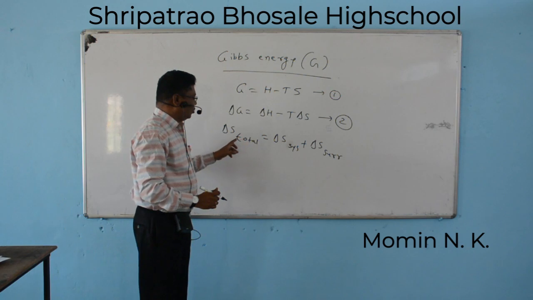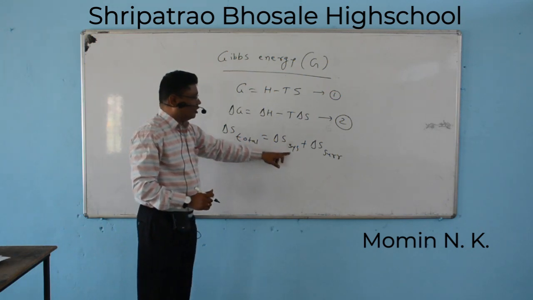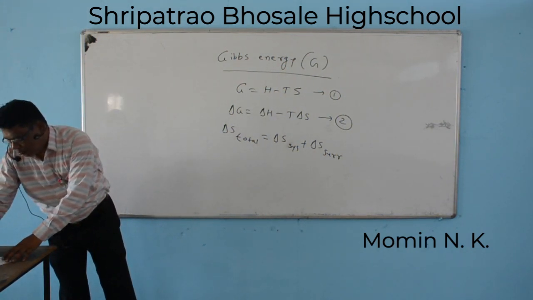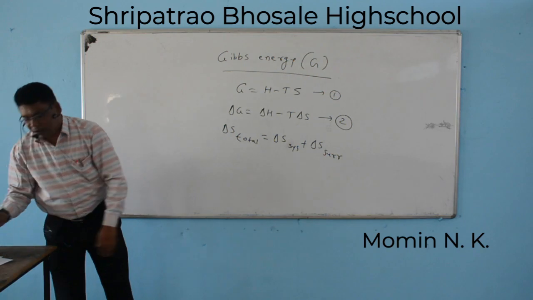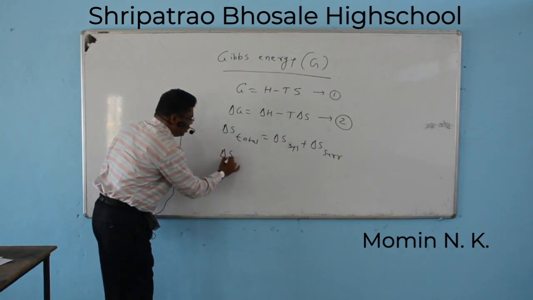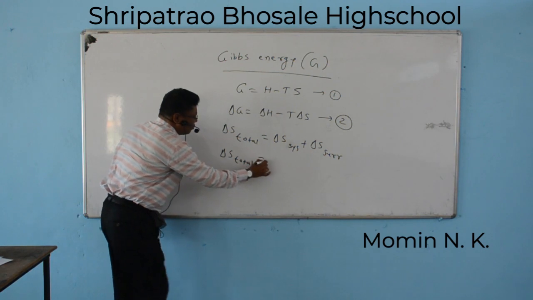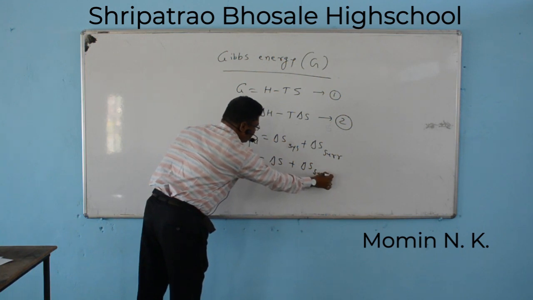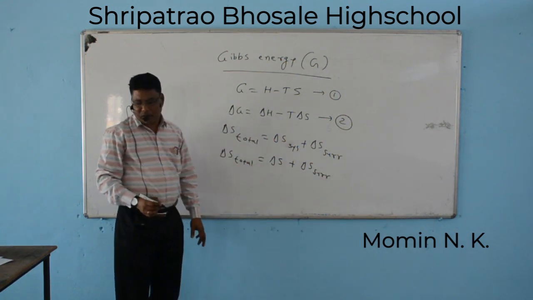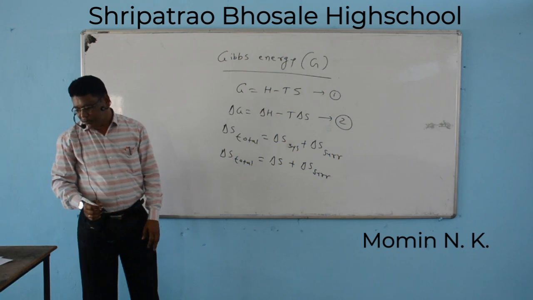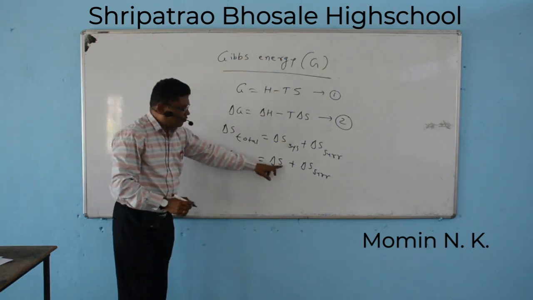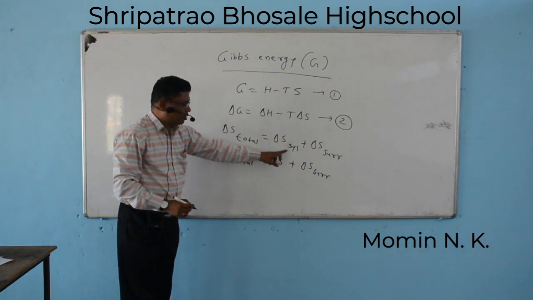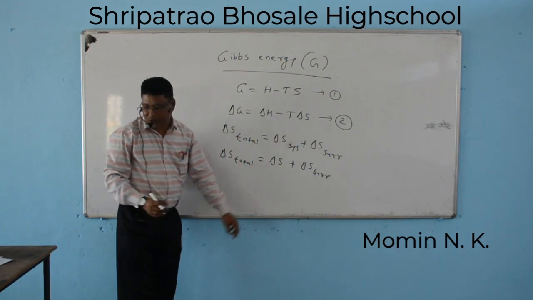We can write this equation as delta S total is equal to delta S plus delta S surrounding; here the subscript system is dropped.